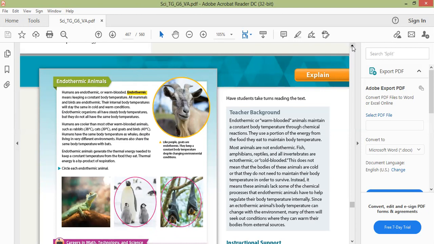On the other hand, the exothermic animals are cold-blooded animals. That doesn't mean that they have cold blood. No, it means their body temperature will change with the environment change.